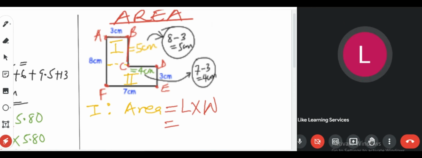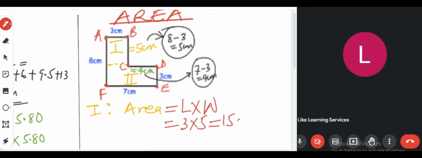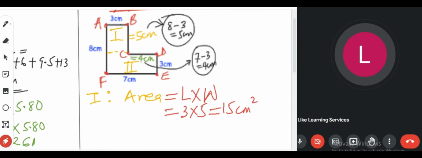So 3 times 5 is what we have there. That's for the upper part, I. 3 times 5 completes the area of this rectangle. I think that gives 15 square centimeters.